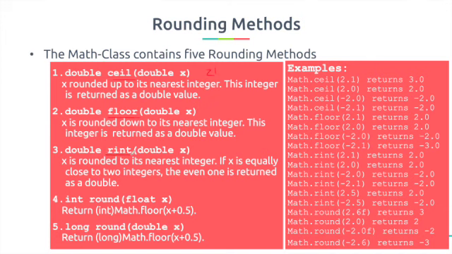And rint, it is very similar to rounding, but the difference is if it's between two integers, equally close to both of them, it will round to the nearest even number. So, for example, if we have the number 1.4, it will round it to 1. If the number is 1.6, it will round it to 2, which is very similar to rounding up until now.